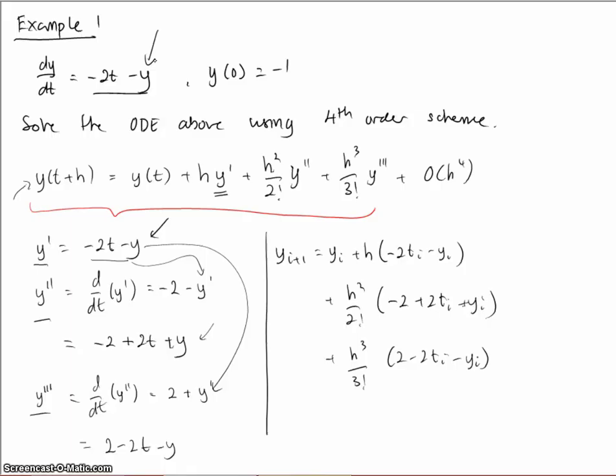Secondly, because you need to find y prime, y double prime, y triple prime, and so on, it is not easy to generalize this into a numerical algorithm that can be implemented for all kinds of problems, because for every single problem you need to derive y double prime, y triple prime, and so on. So there is no way to generalize this into a general numerical algorithm to solve the given ODE. Although theoretically we can improve the accuracy of the Euler method by including higher order terms, the approach is not practical, and it does not present itself as a generalization of a numerical algorithm.